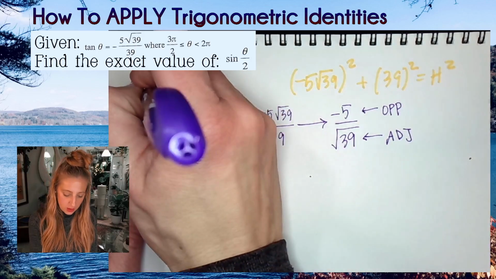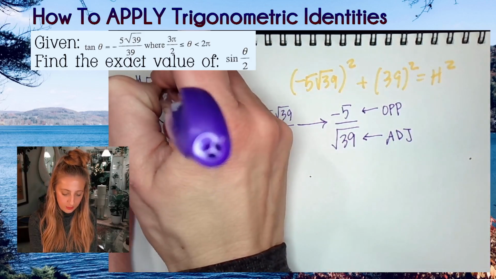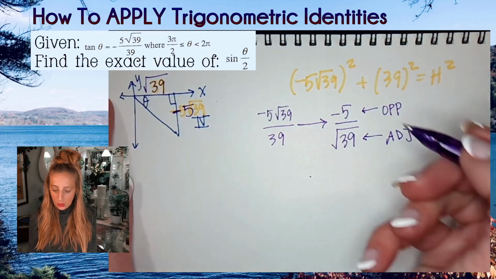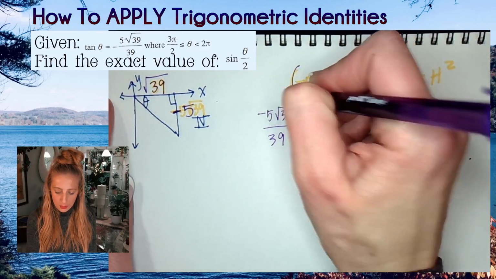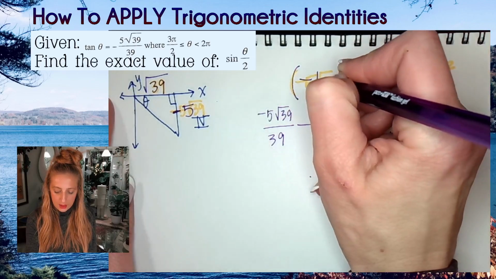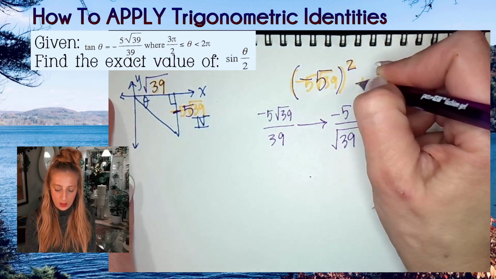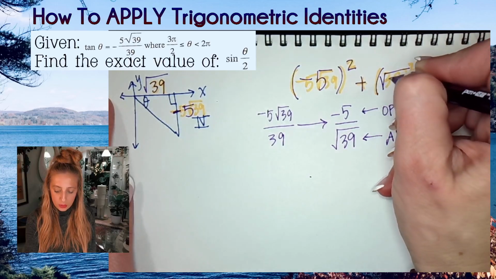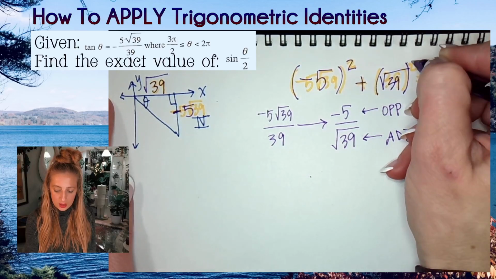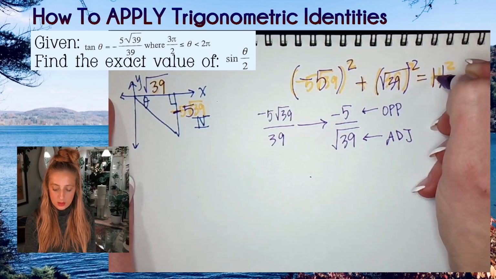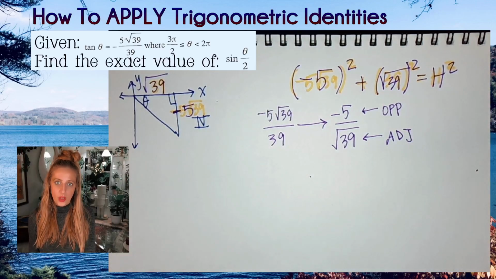Adjacent is square root of 39. So now, when I do my Pythagorean theorem instead, negative 5 squared plus root 39 squared is hypotenuse squared. So how much easier is that, right?